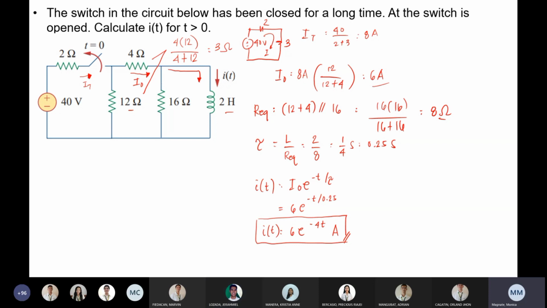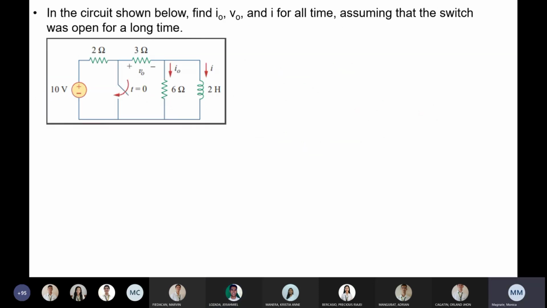Yes po, ma'am. Ito yung circuit natin. Ito. So, hinanap natin yung I.O. Ito siya. So, yung I.O., yung V sub O, tsaka yung I na dumadaloy kay inductor. Okay? So, sabi, yung switch daw was open for a long time.